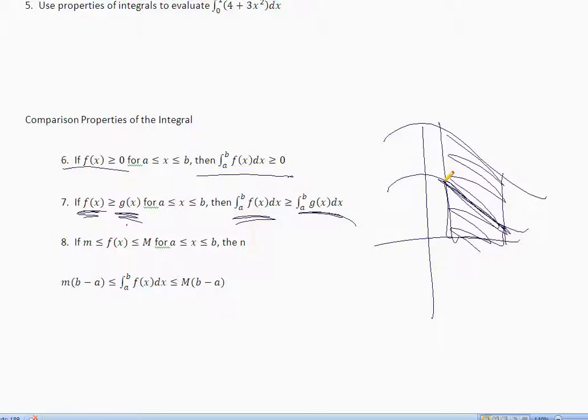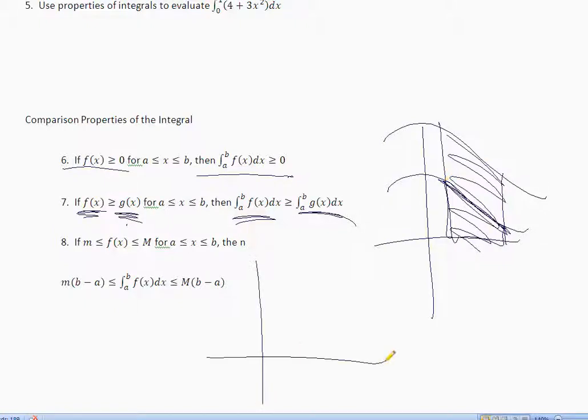And then next one, if f is in between little m and big M for some value, okay, then this is just really saying I have two horizontal lines. Okay, and if this is like 2 and this is 5, the area under 2 is going to be what? Less than or equal to f of x will be in between those two.